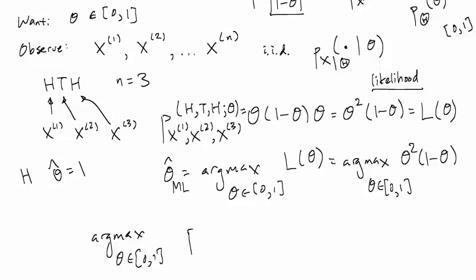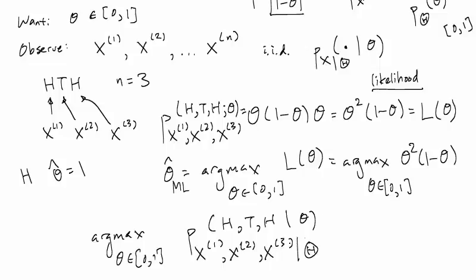It's p of x1, x2, x3 of heads, tails, heads, conditioned on parameter capital Theta, given data. So this is the likelihood. Now we'll try to maximize the likelihood times the prior on parameter theta, given by this function here. So the likelihood times prior.